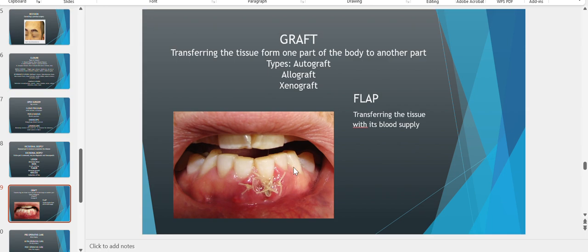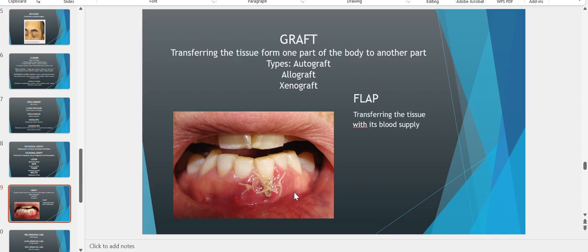For example, if a patient has an affected area that needs grafting, the physician will take some tissue from their lip and insert it into that area. That is an autograft.